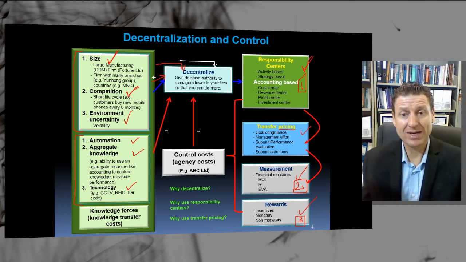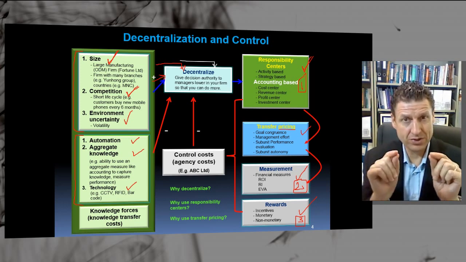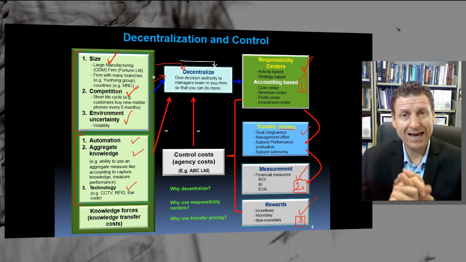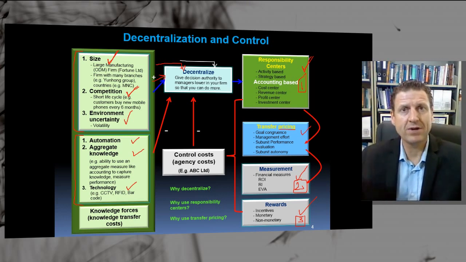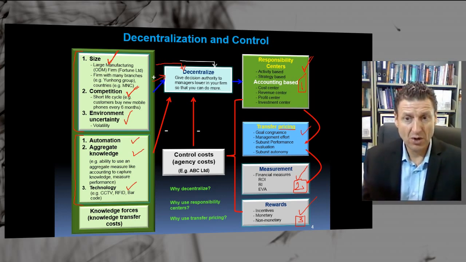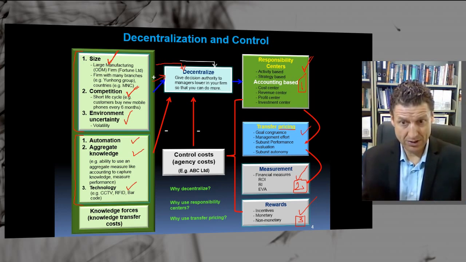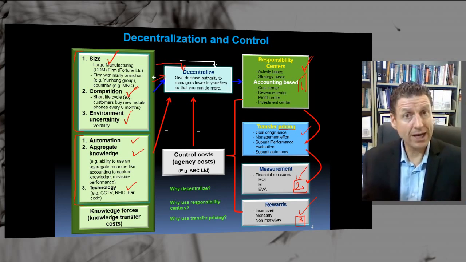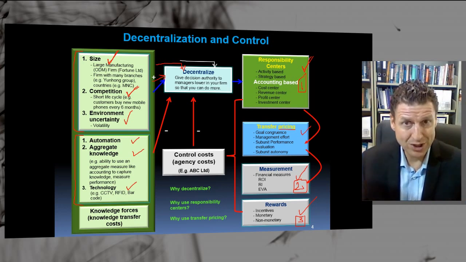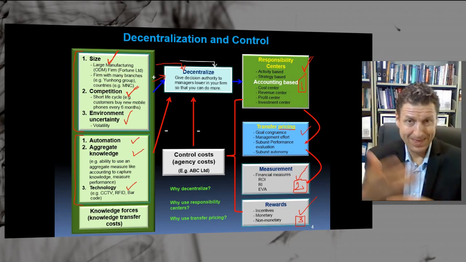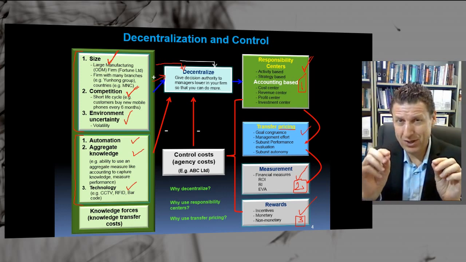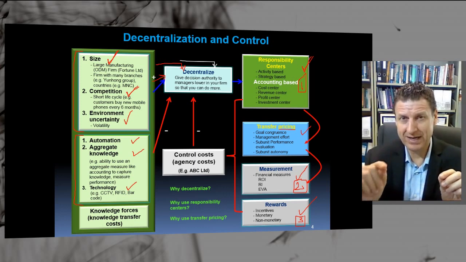And so you can decide, do you want to focus your transfer pricing on achieving congruence or improving managerial effort or enabling subunit performance evaluation or enabling subunit authority or enabling subunit autonomy? Now, all of these objectives are a juggling act, and it's nearly impossible to achieve all of those objectives with one type of transfer price.